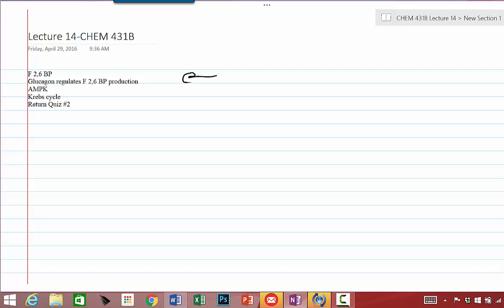Okay, so it turns out, just by looking at your book, that there's an enzyme that makes this product, fructose 2,6-bisphosphate, which turns on glycolysis. The name of the enzyme is PFK2. It's right here. So don't forget, PFK2 is the one that makes this fructose 2,6-bisphosphate.